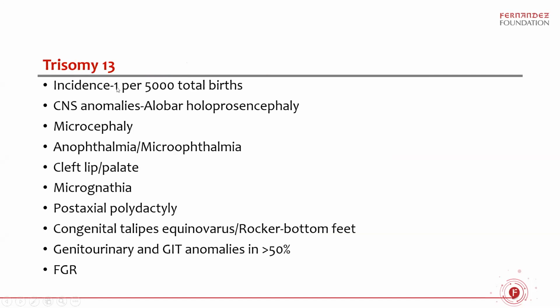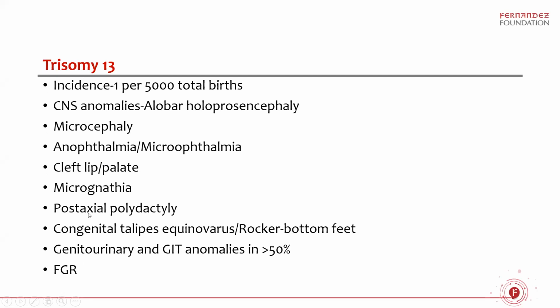So trisomy 13, the incidence is 1 in 5,000 total live births. And these fetuses can present with any of these anomalies. Some of them can manifest with CNS anomalies. The most common is alobar holoprosencephaly, and they can present with microcephaly, anophthalmia, microphthalmia, cleft lip and palate, and micrognathia, which are the facial findings seen in trisomy 13.